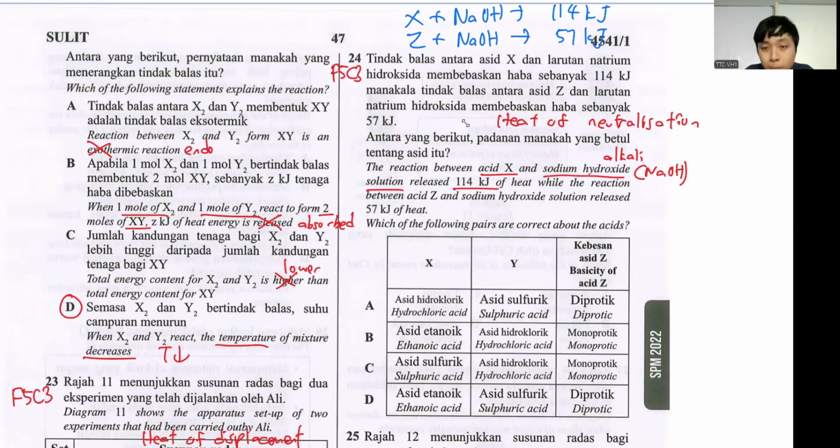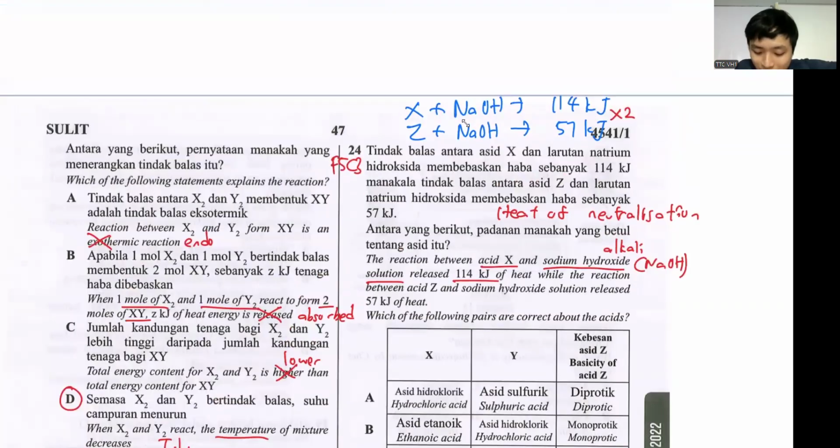So which of the following pairs are correct about the acids? Very easy. Why does it have twice the amount? If you think about this, only one thing is possible. Acid Z is a monoprotic acid, like HNO3, HCl, or CH3COOH.